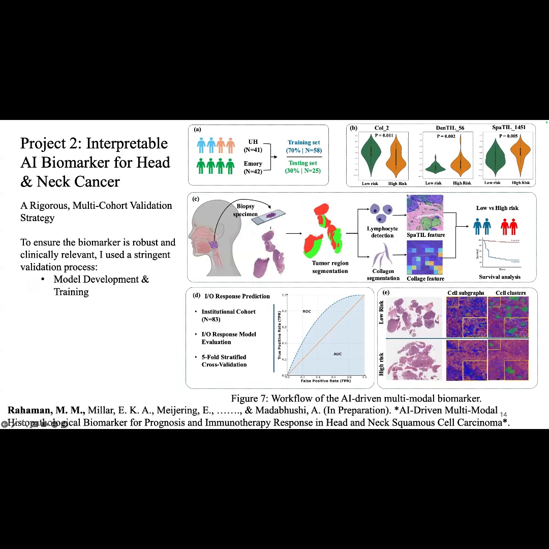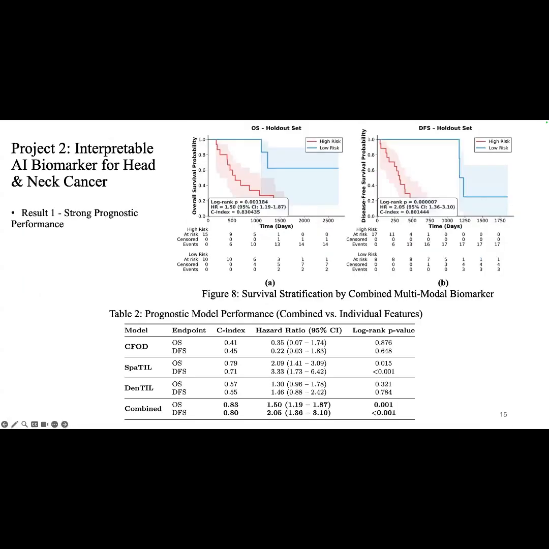So this slide illustrates the multi-cohort validation workflow for this HNSCC biomarker. We developed and trained the model on two institutional cohorts, University Hospital and Emory. This slide summarizes the prognostic power of our combined Spatial, Dentil, and Collagen model.